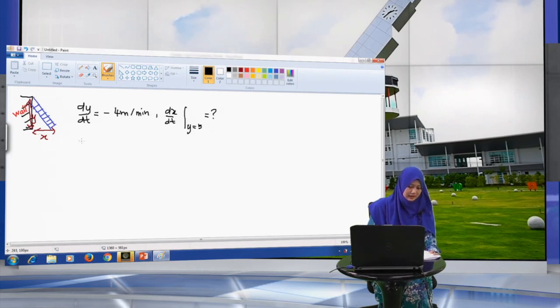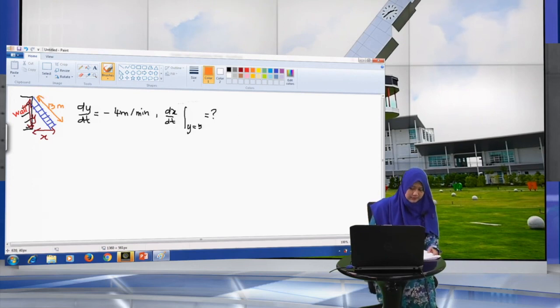We know that the length of the ladder is given as 13 meters. So this is the length of the ladder. By the Pythagorean theorem, x squared plus y squared equals 13 squared.